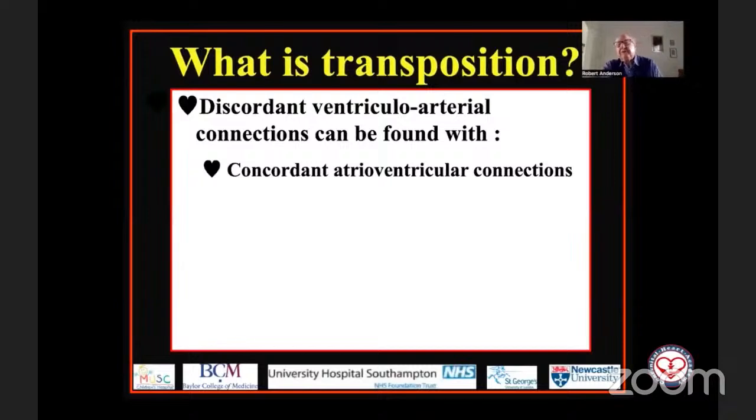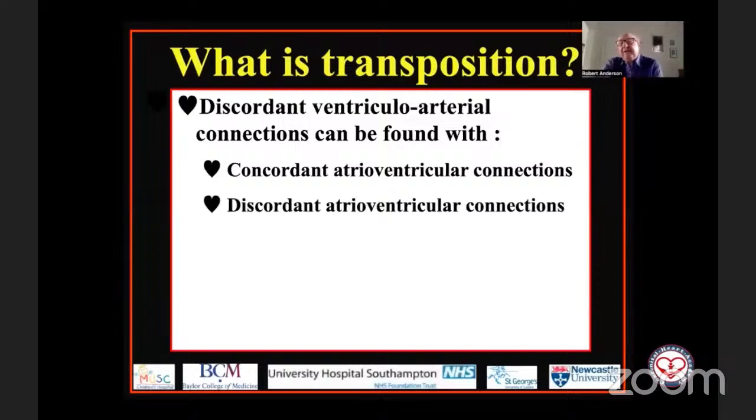I'm sure you all know that that arrangement with a left-sided anterior aorta is much more usually found when we have discordant atrioventricular and discordant ventricular-arterial connections, and we call that combination congenitally corrected transposition.